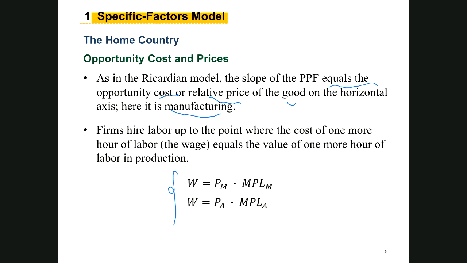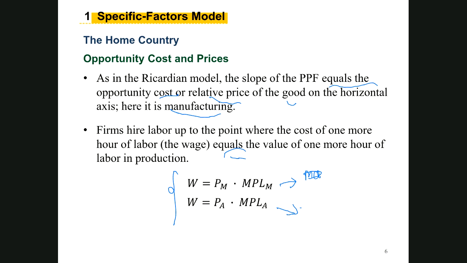So the wage in the manufacturing and the wage in the agriculture should be equal. Because of what? Because labor is perfectly substitutable across the industry, right?